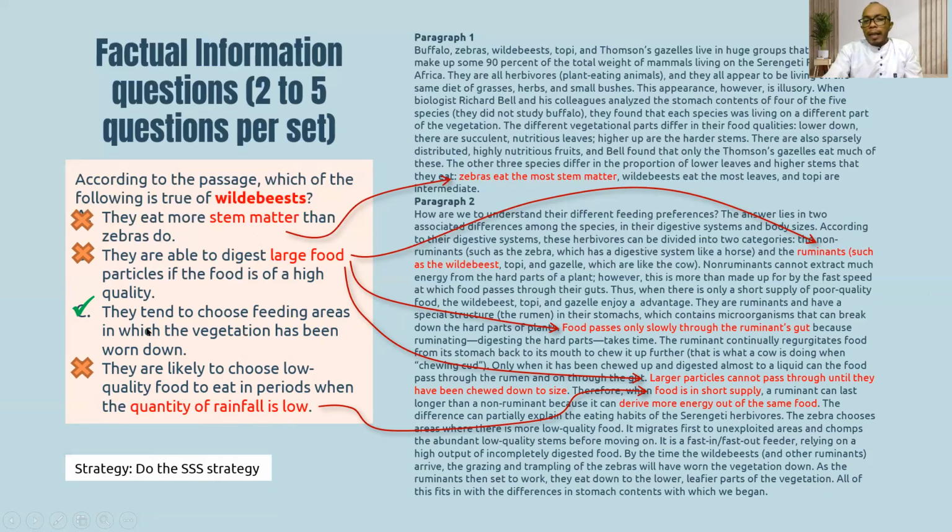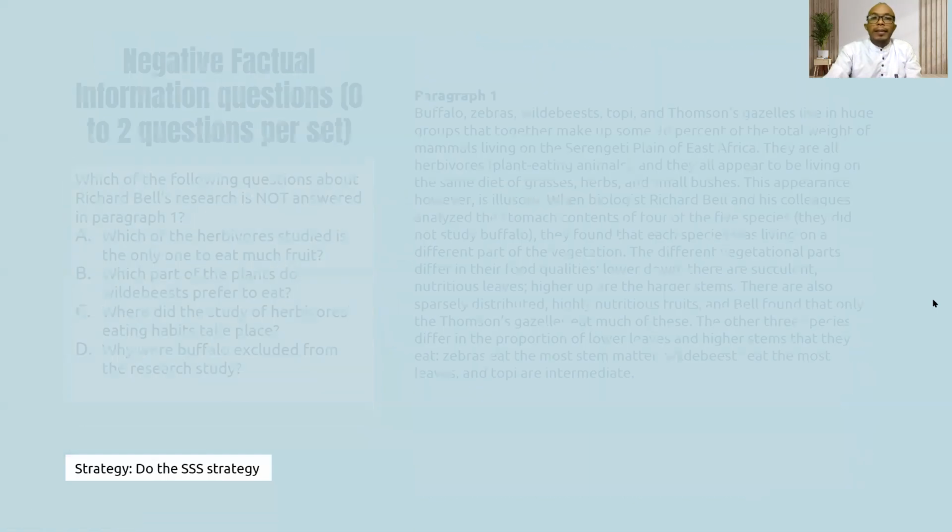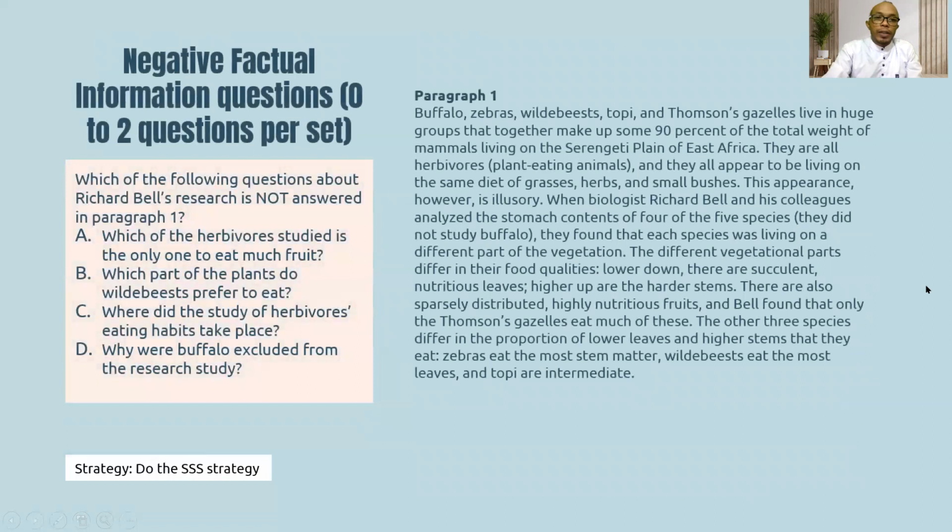So in order to be able to feed, they have to choose an area in which the vegetation or their food has been worn down, so it's ready for them to digest. Okay, so that's a factual information question example.